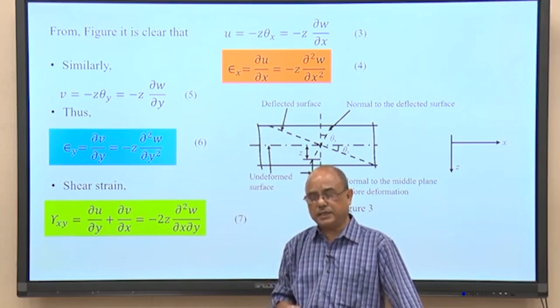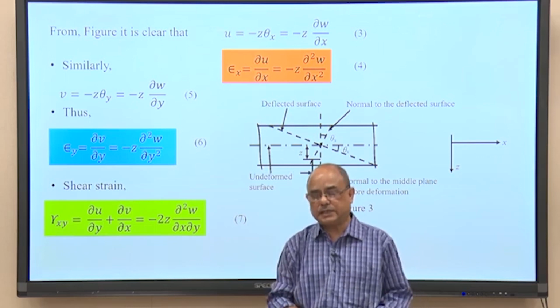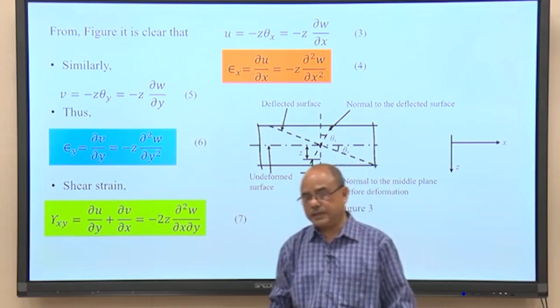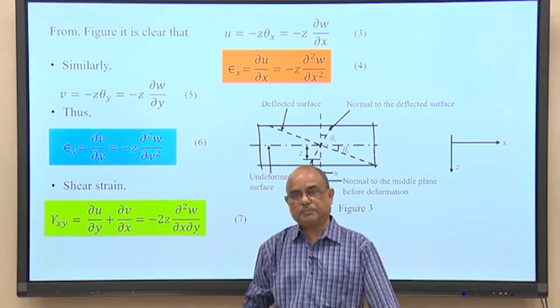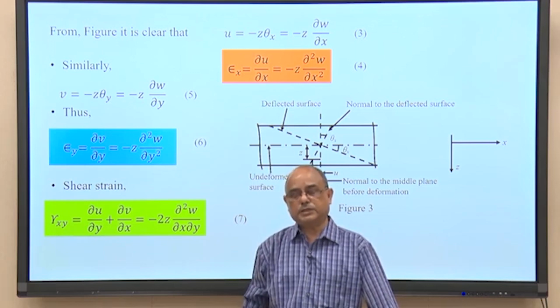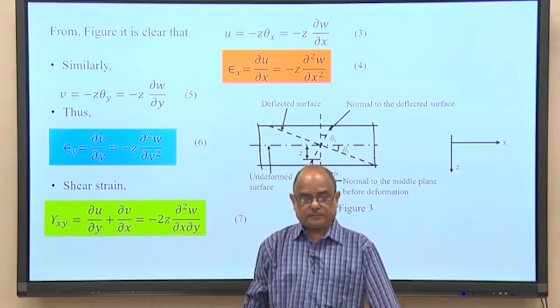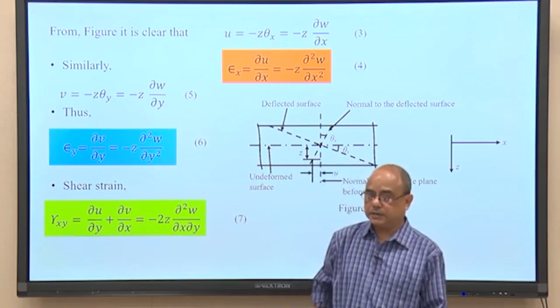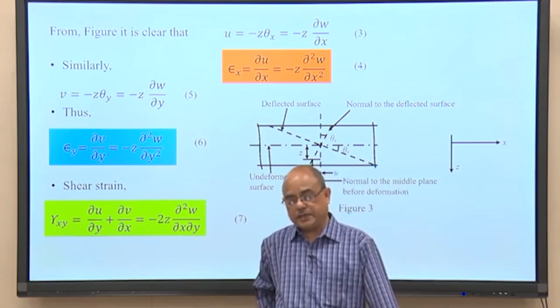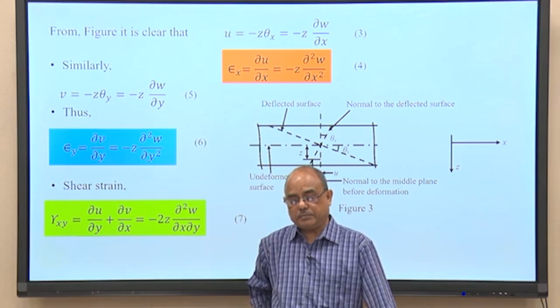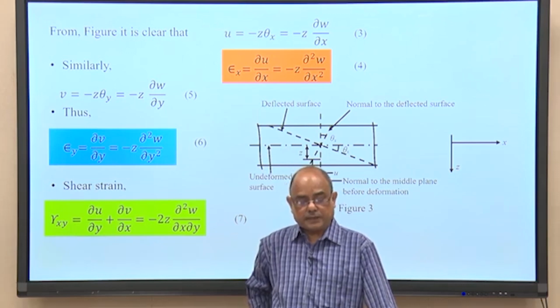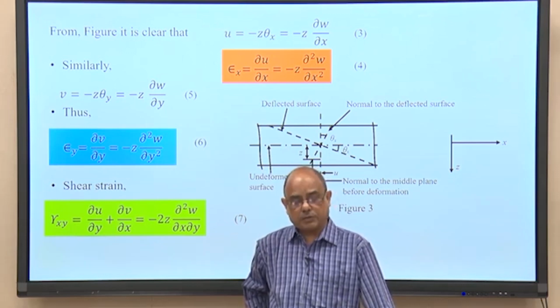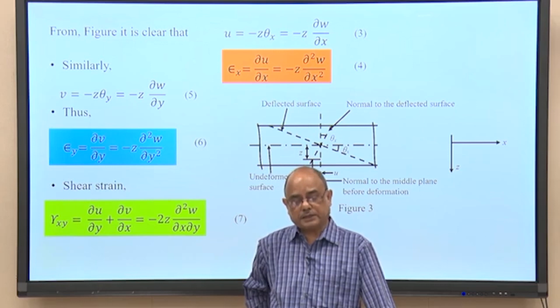Therefore, we get u is equal to minus z theta x, which is equal to minus z del w by del x. Similarly, in y direction, del v by del y is nothing but z into theta y, and it will be minus z del w by del y.